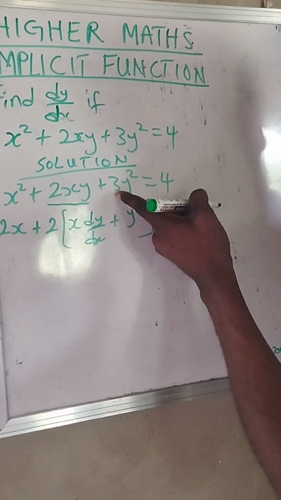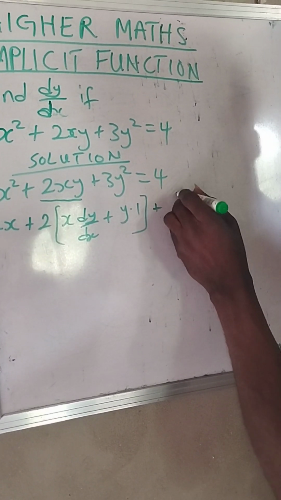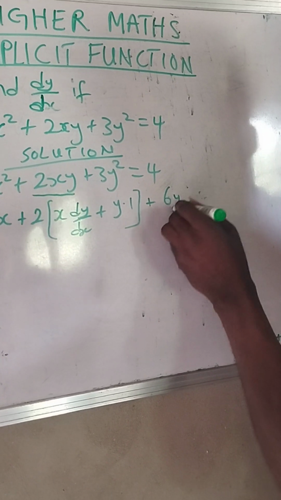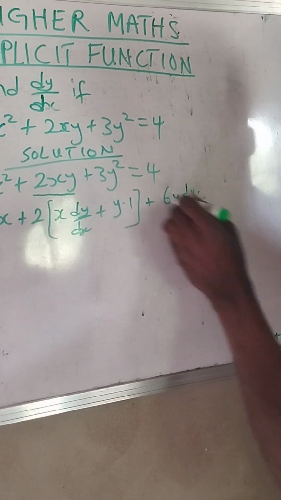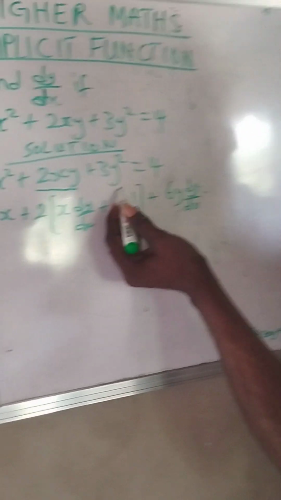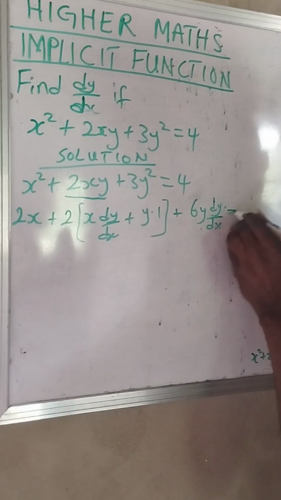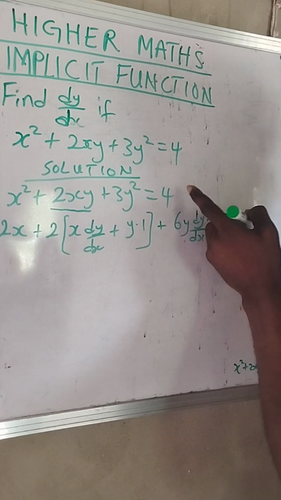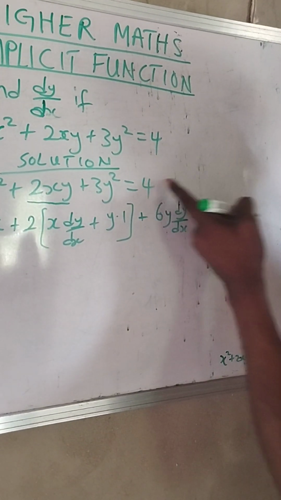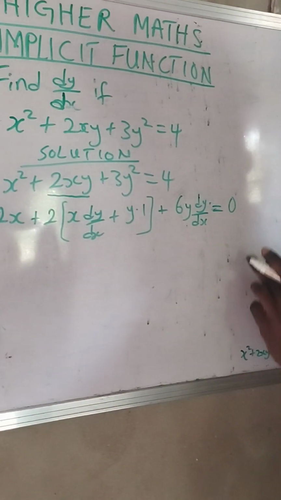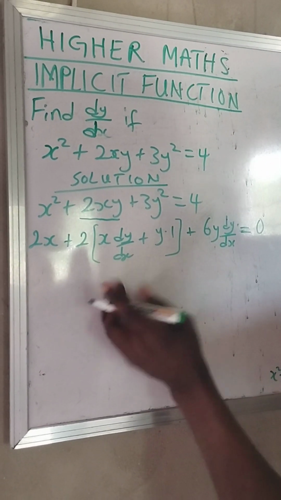Then plus, to differentiate 3y squared, you're going to have 6y, and differentiating y gives dy over dx, because we are differentiating 3y squared with respect to x. So you attach dy dx. If you differentiate 4, it is 0, because 4 is a constant, and the derivative of a constant is 0. So let's open this bracket.